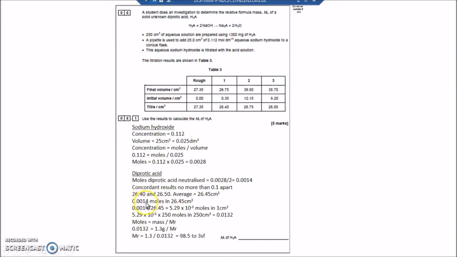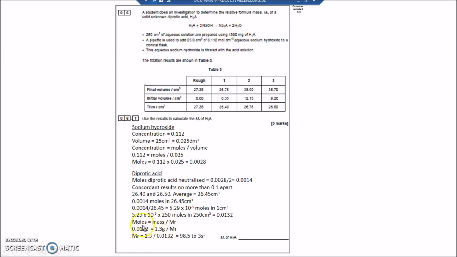So I've got 0.0014 moles in 26.45 centimetre cubed. If I divide by 26.45 centimetre cubed, I work out the number of moles in 1 centimetre cubed. Multiplied by 250 gives me the number of moles in this 250 centimetre cubed. 0.0132 is the number of moles of this acid in the solution that I started with, and I know that there's 1.3 grams of this acid.